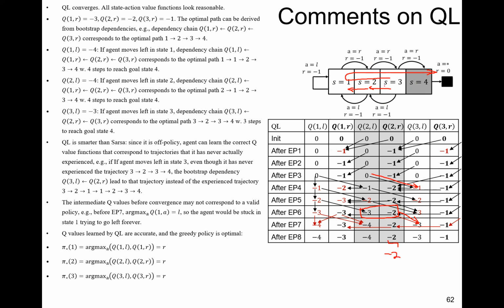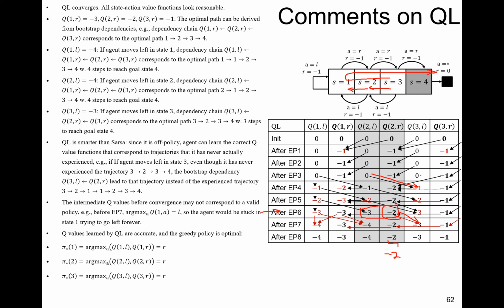Now, as the episodes evolve from state 3, if you go left, initially you haven't learned enough, so you think that going left from 2 is better. It has a higher Q value. But as you learn more and more, the agent realizes that actually going right from state 2 is better after episode 6.